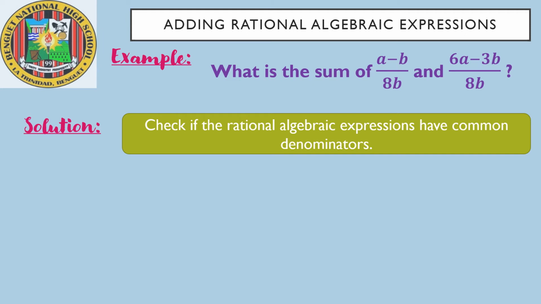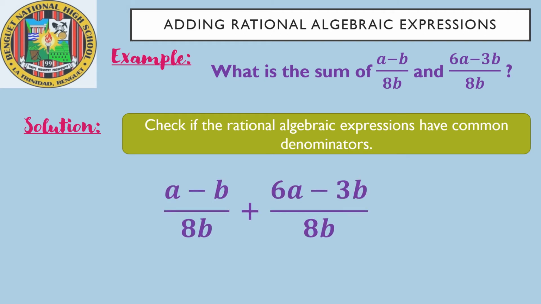We do this because the formula we have just discussed cannot be applied to RAEs with dissimilar denominators. In our example, however, we see that both RAEs being added have the same denominator. Thus, we can move to the next step.